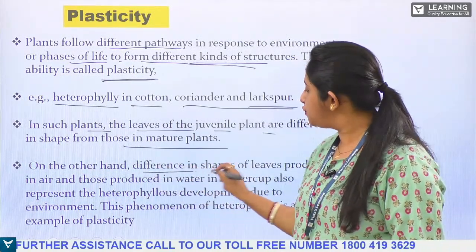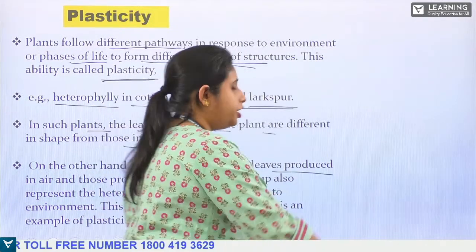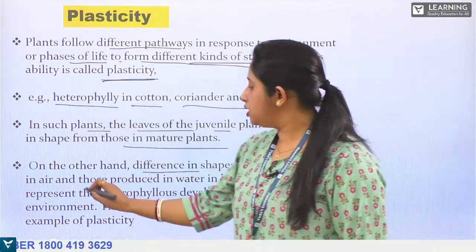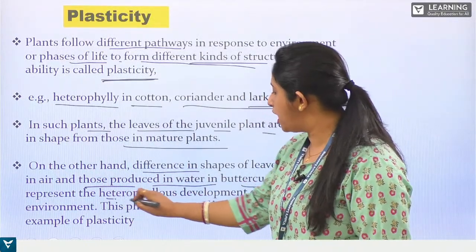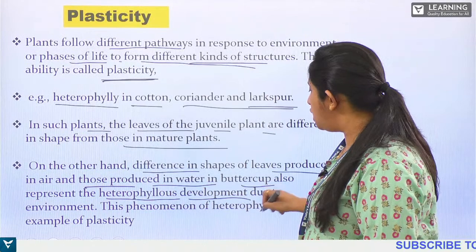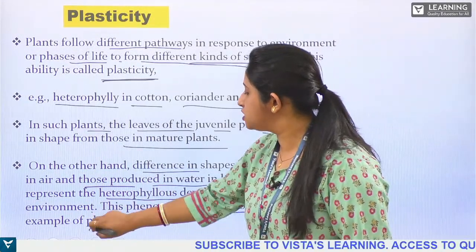On the other hand, the difference in the shape of leaves produced in the air and those produced in the water in buttercup also represents heterophyllous development due to environment. This phenomenon of heterophylly is called plasticity.